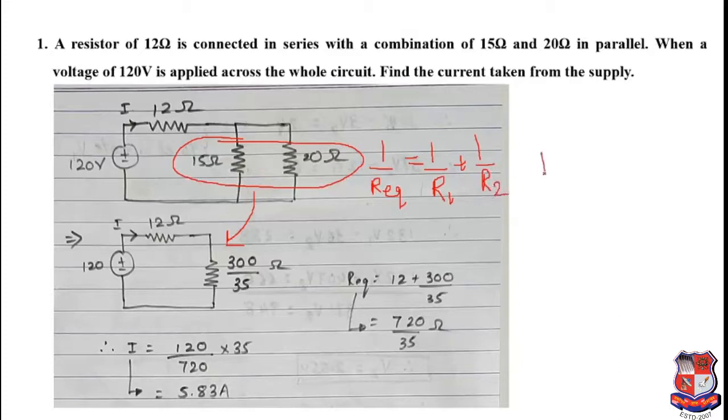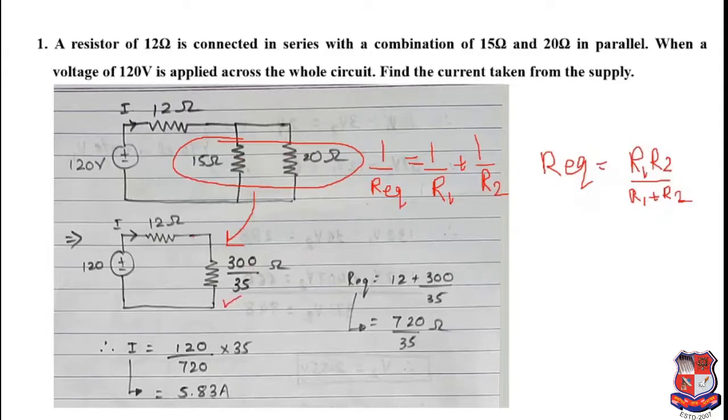If you solve this, you end up with R equivalent equals R1 into R2 divided by R1 plus R2. This equation is followed every time for parallel circuits. If two resistances are connected in parallel, their equivalent resistance is the product of the resistances divided by the summation of the resistances. Here I have done the same thing.